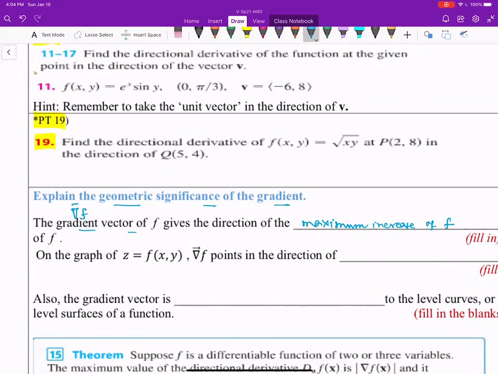It always points in the direction of the steepest ascent, or the maximum rate of increase. On the graph of z equals f of x, y, del f, or the gradient of f, points in the direction of steepest ascent.